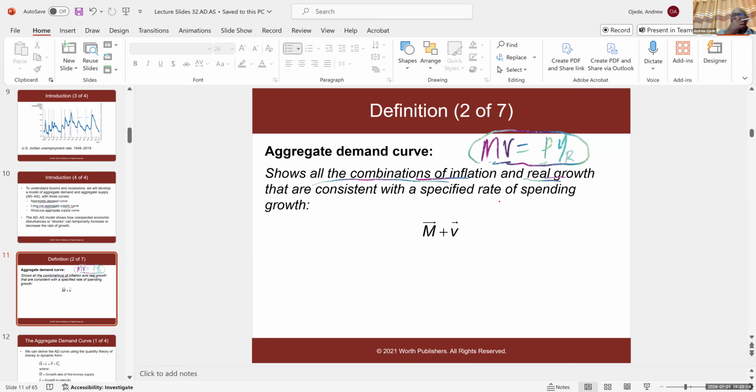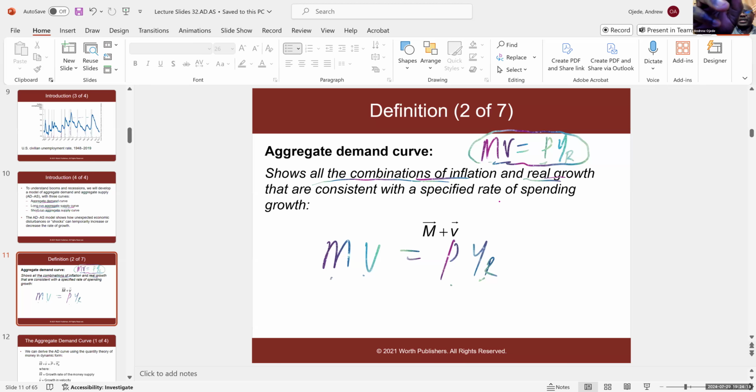Spending growth comes from this equation, M times V equals P times Y_R. You can express this equation in growth rates, because these are in levels: the level of money supply, velocity, price level, and real output, or real GDP.